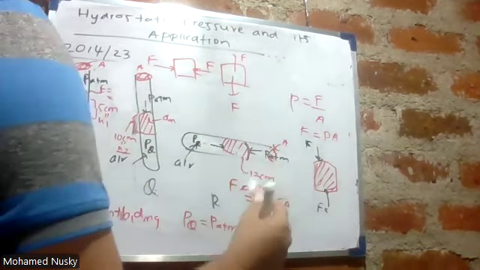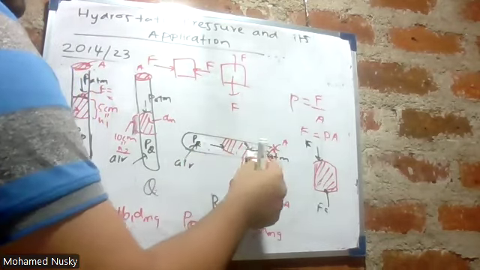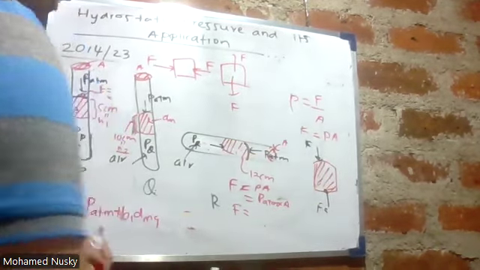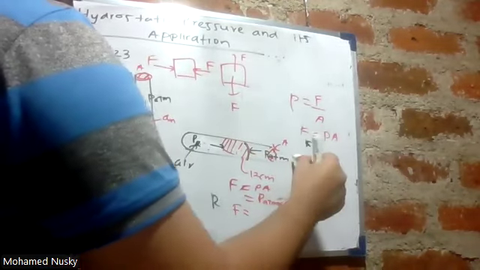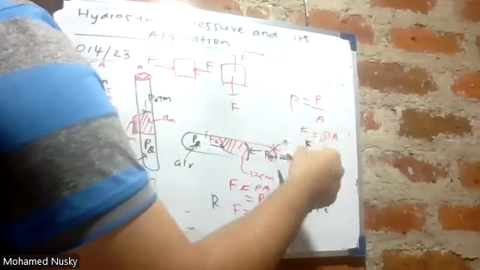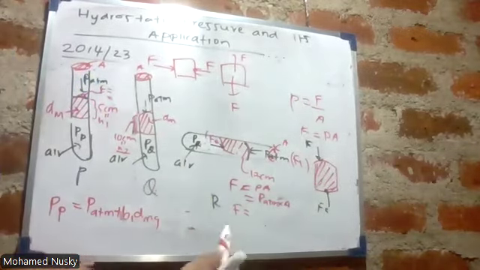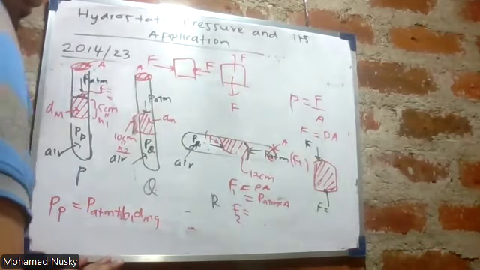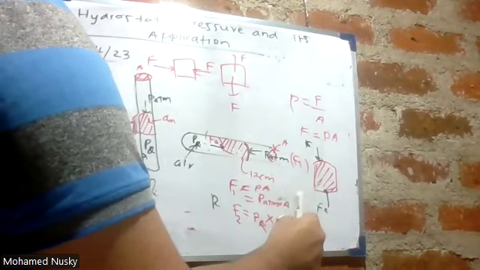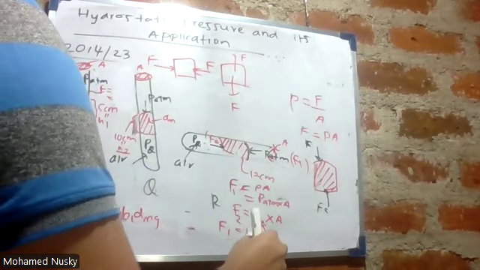Likewise, due to the air inside in the space, there will be pressure on this mercury in the forward direction. Let me take this as F1 and this as F2. This F1 is the force due to atmospheric pressure and F2 is the force due to the air inside the tube R. Therefore, F2 is equal to P_R into A. For this to be in equilibrium, we know F1 should be equal to F2.